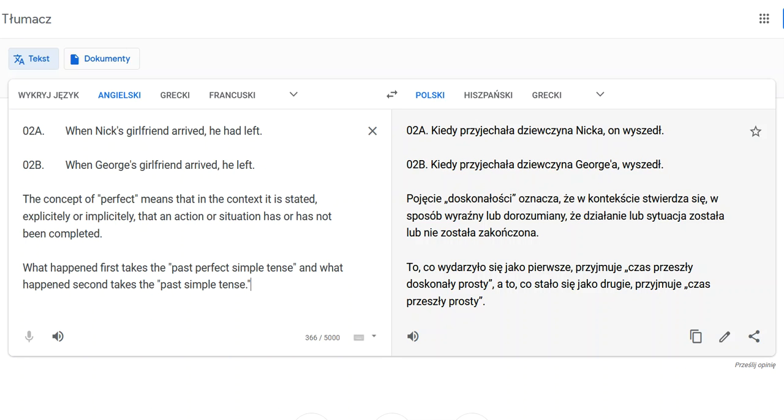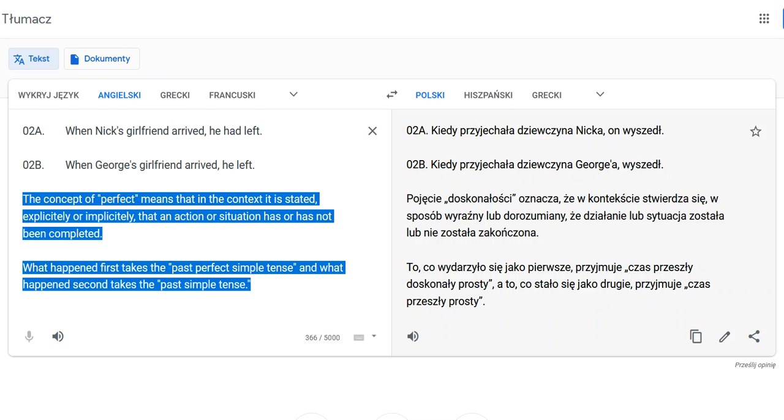So here we have the notion, okay, of the perfect. We want to put emphasis on the fact that something had been completed before something else happened, okay?